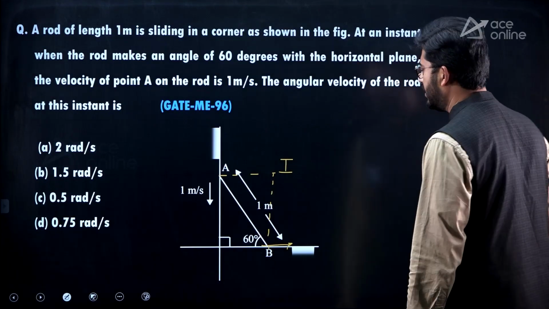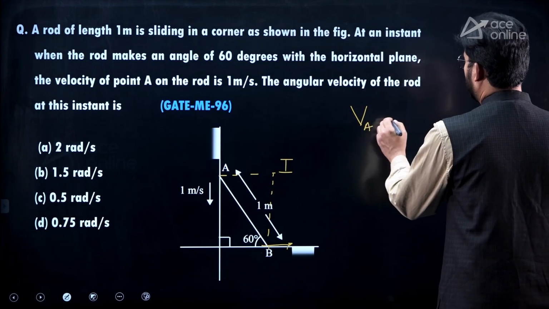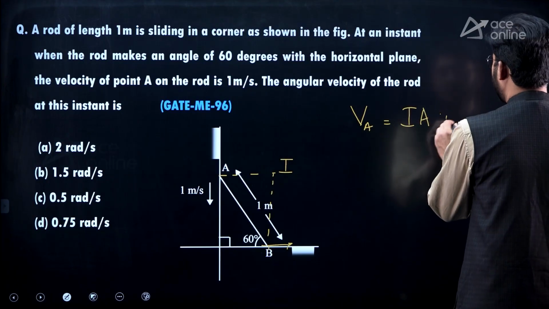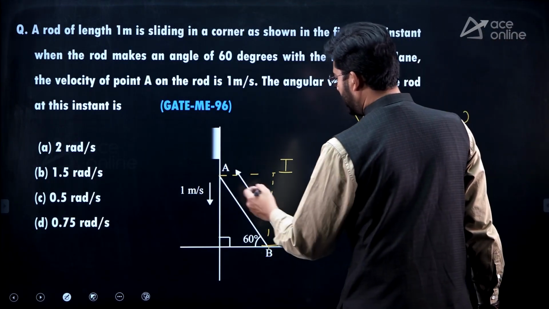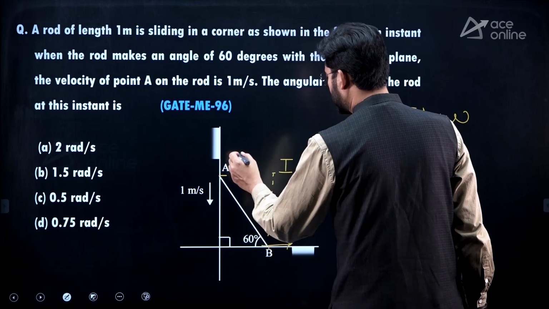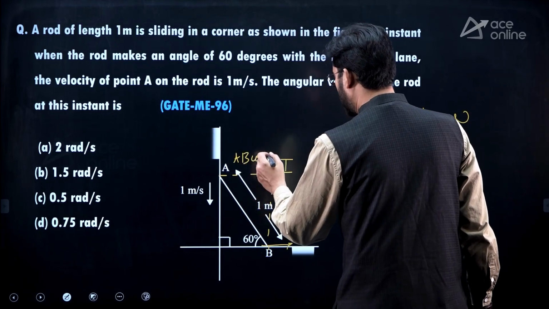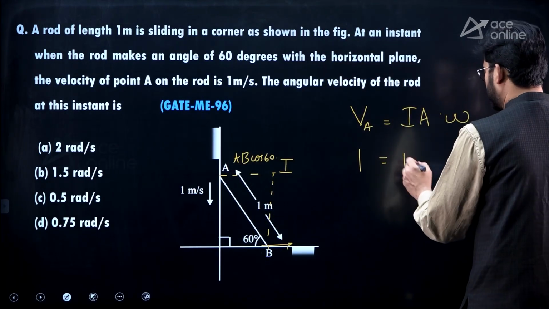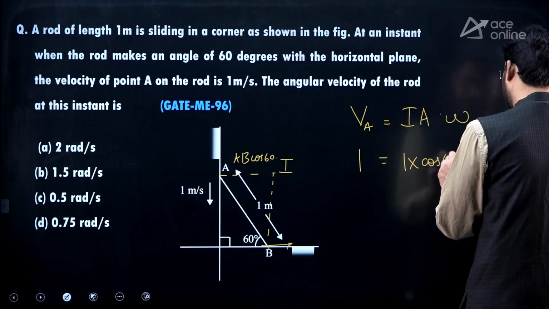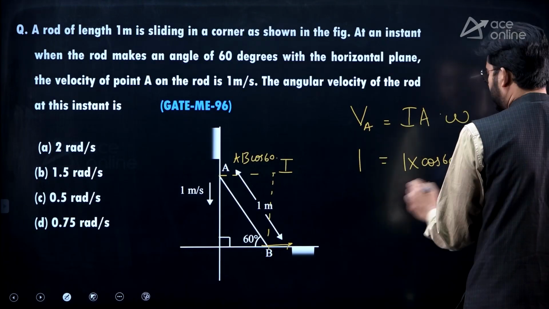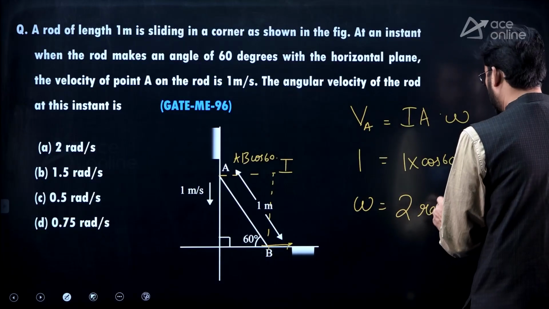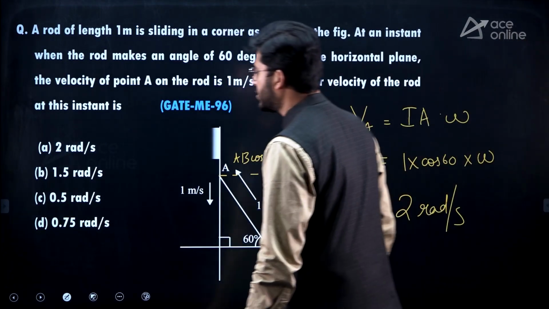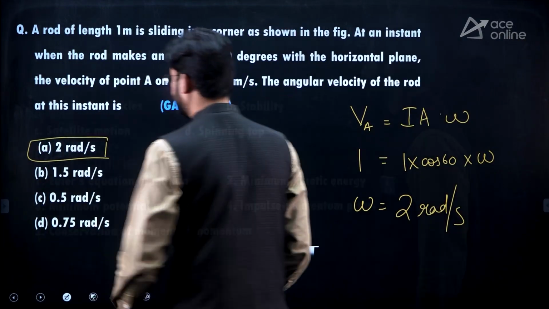This will be the I center and VA is equal to IA times omega, where VA is 1 meter per second and IA is to be calculated. IA will be equal to AB cos 60, which is 1 cos 60, so omega equals 1 by 2 on the other side, which shifts to 2 radian per second. That is option A is the answer.